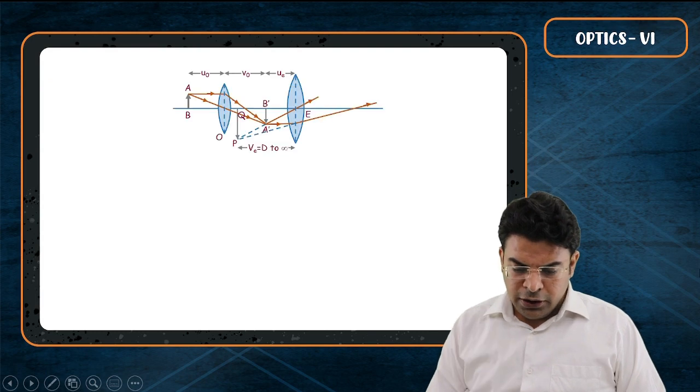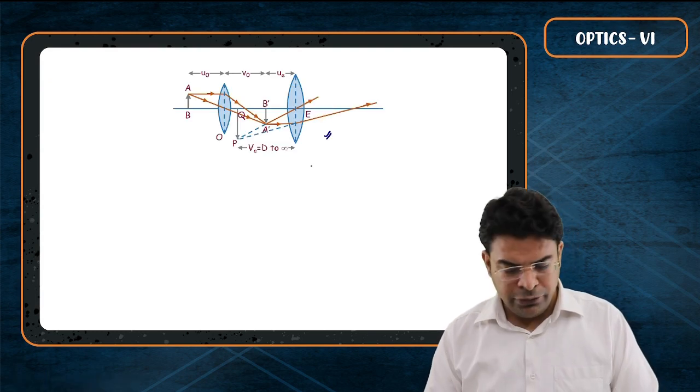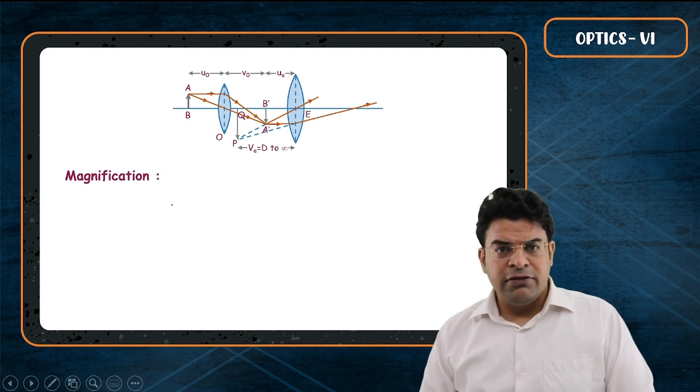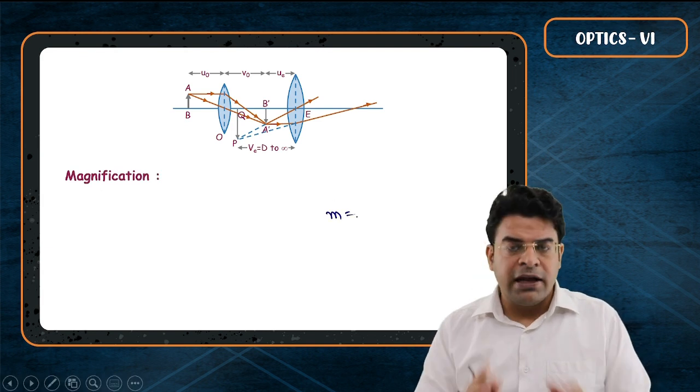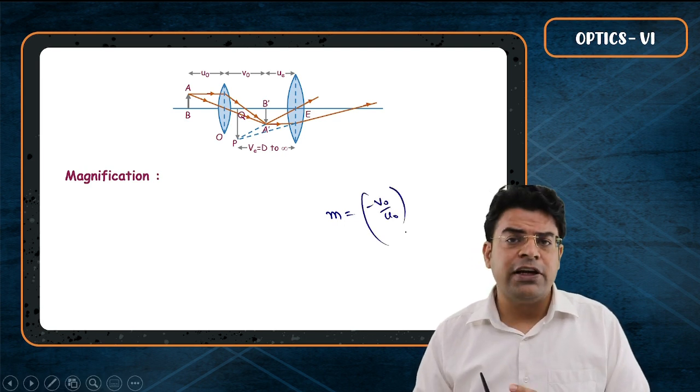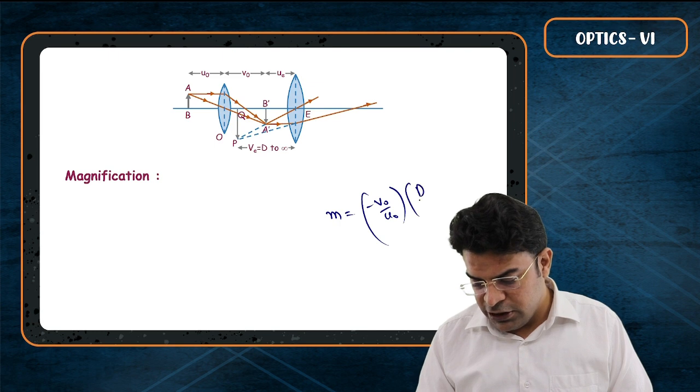Now, talking more about magnification. We have just learned that the magnification is given by the magnification due to the objective, minus v naught by u naught, multiplied by the magnification due to the eyepiece, D by f_e plus D by v_e.